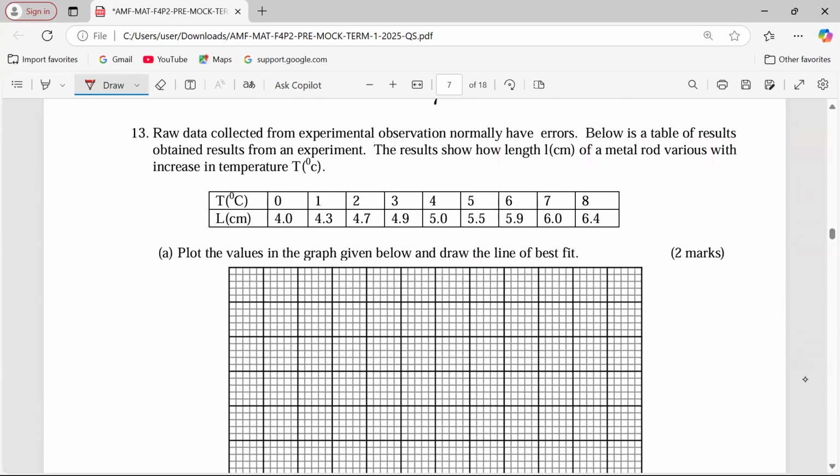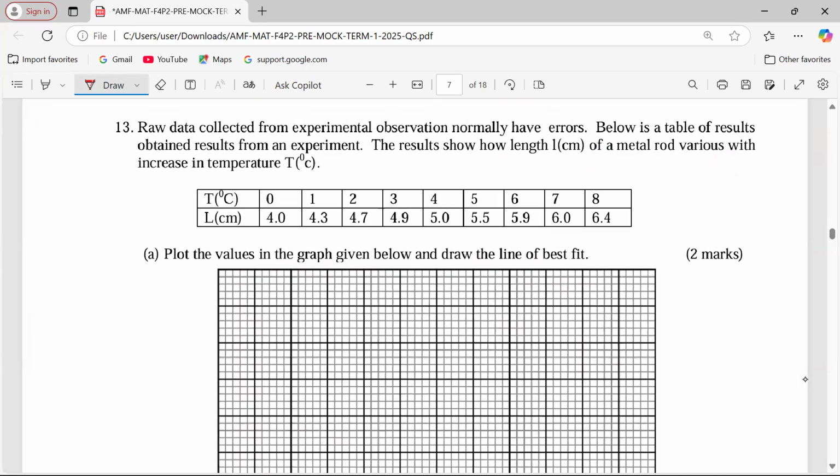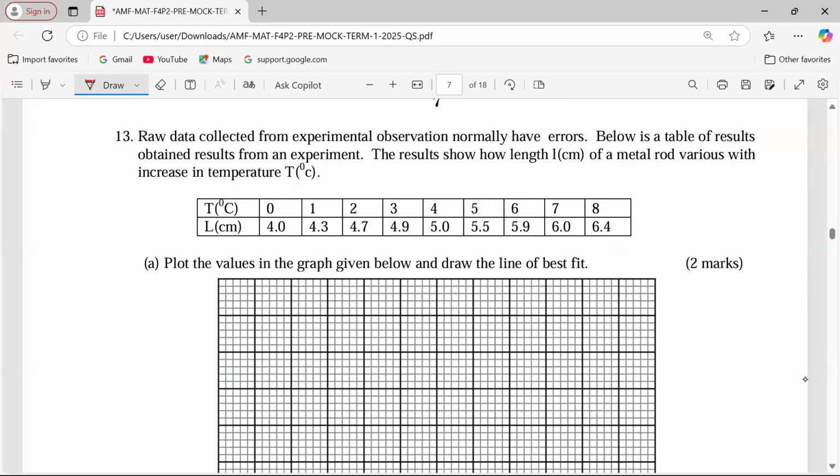Looking at number 13. Raw data collected from experimental observation normally have errors. Below is a table of results from an experiment. The results show how length L in centimeters of a metal rod varies with increase in temperature.